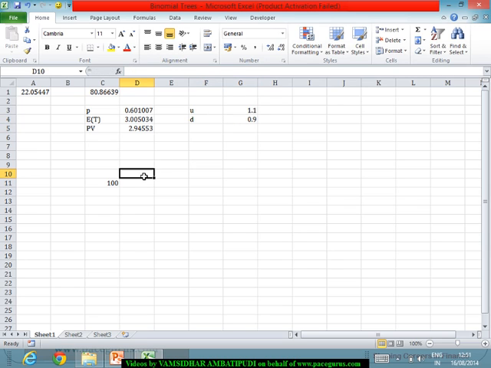So from there I'm trying to find out the probability of the actual up prices. 100 times 1.1 is the up price, and 100 times the down percentage is the down price.